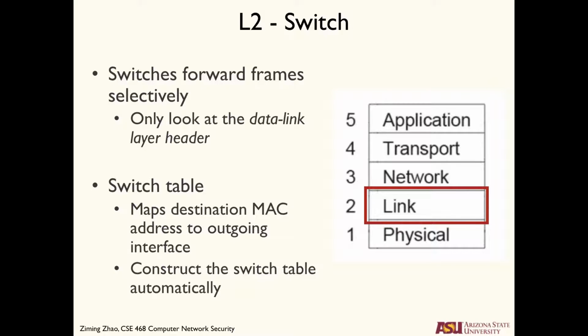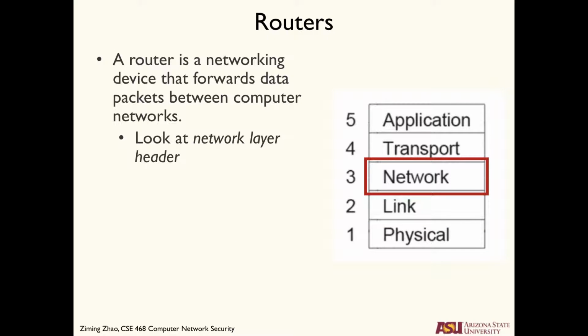This kind of traditional switch is called a layer 2 switch, because it only looks at data link layer data. And we also said that routers work on the network layer because they look at the IP headers.